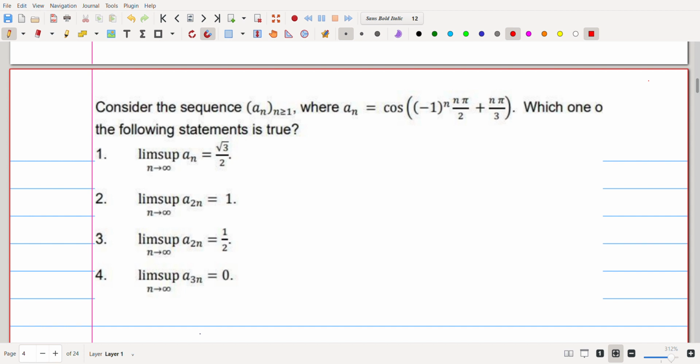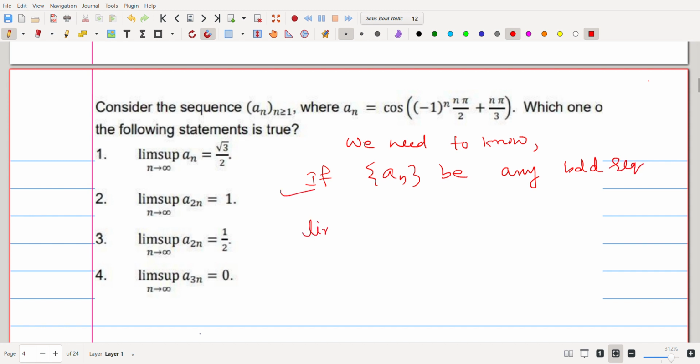So we need to know what is the definition of lim sup. Then it is easy to do. So if a_n be any bounded sequence, before going to state that theorem, first let me write what is lim sup of a_n.